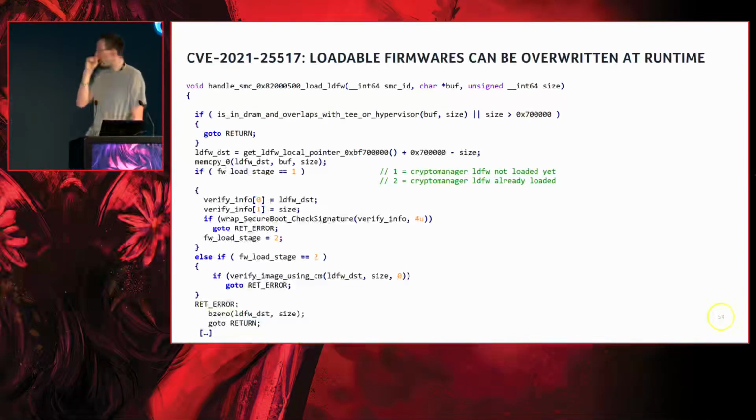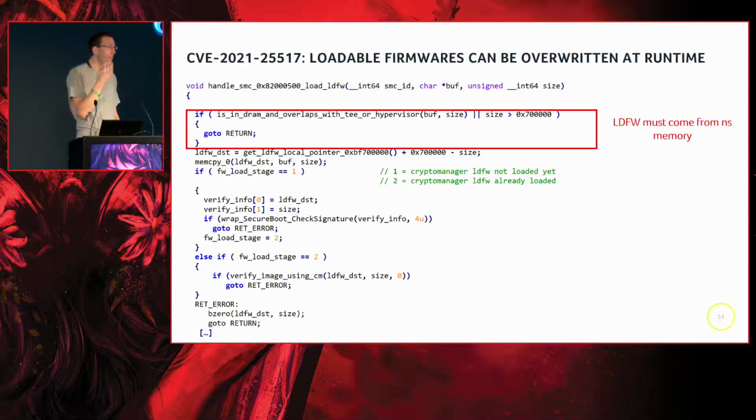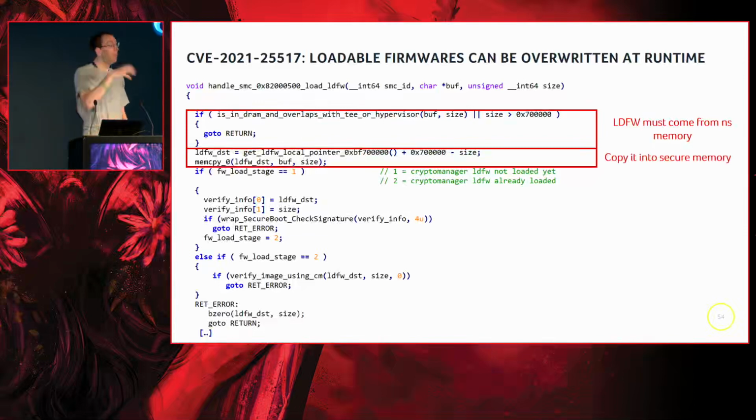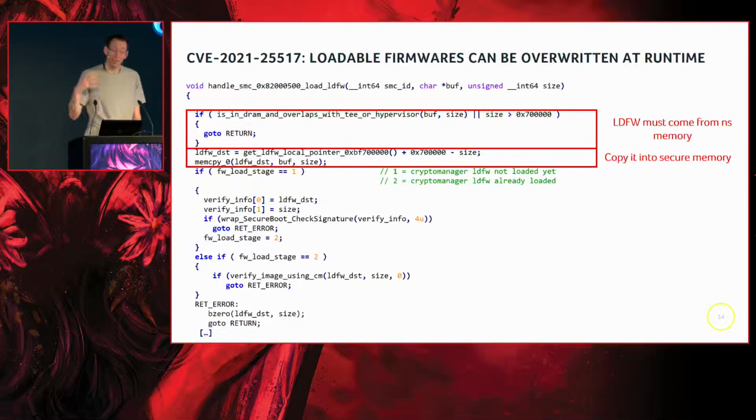Well, this is the SMC. This SMC in BL31 does the pointer check, so you provide non-secure memory. It will copy that memory from the non-secure side to the secure side, because while it is unpacking it, you don't want the non-secure side to mess with it and maybe cause some TOCTOU issues.